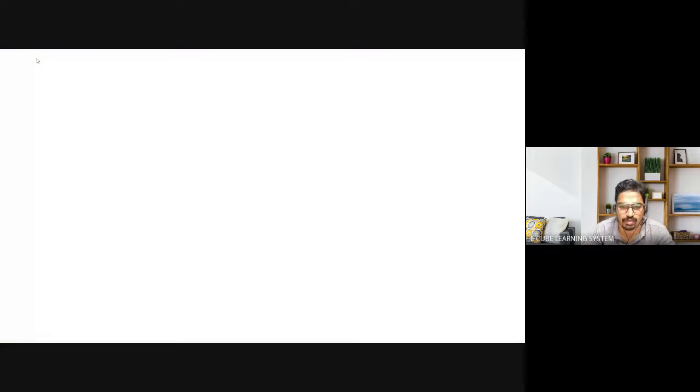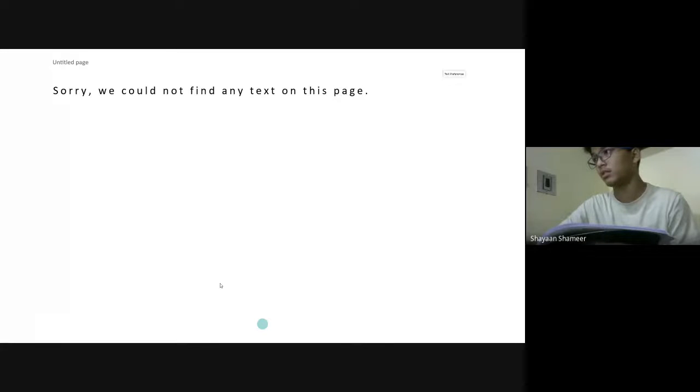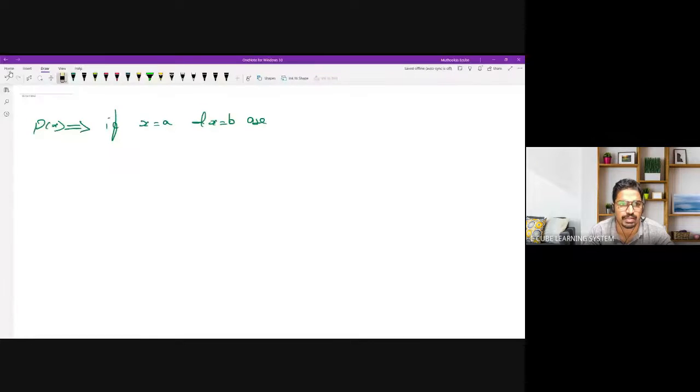Then what will be the factors? x minus a and x minus b will be the factors. If these two are the zeros, then x minus a and x minus b are the factors.